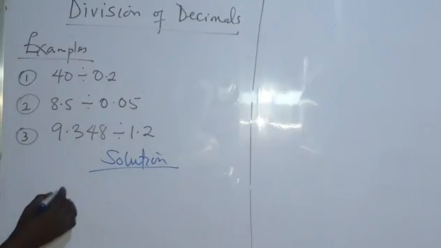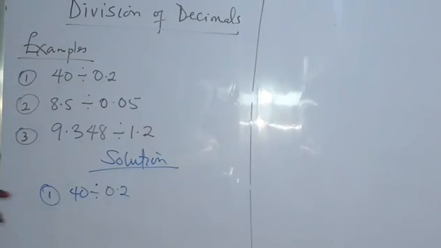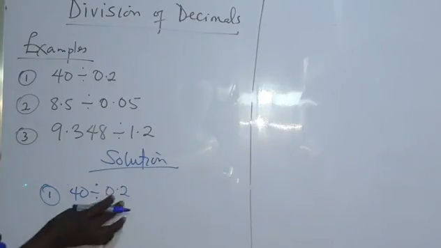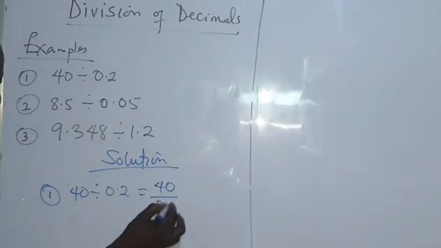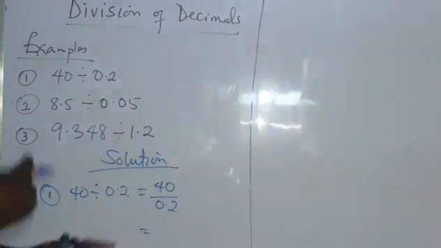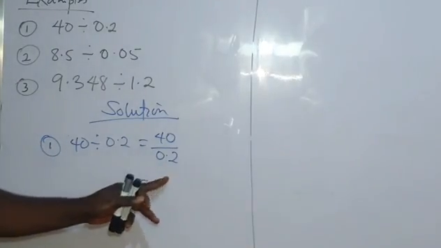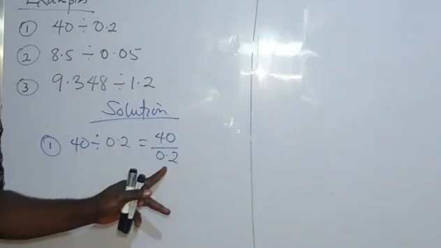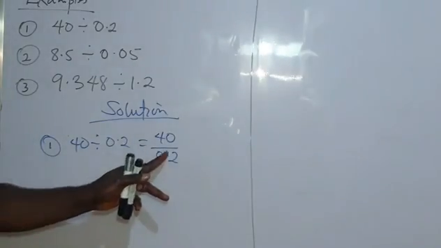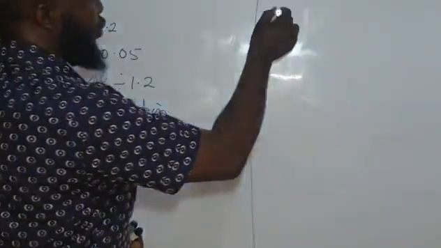We have 40 divided by 0.2. Now, we want to change this decimal to a whole number. Once we change this, whatever is done to 0.2, which is the denominator here, must be done to the numerator.